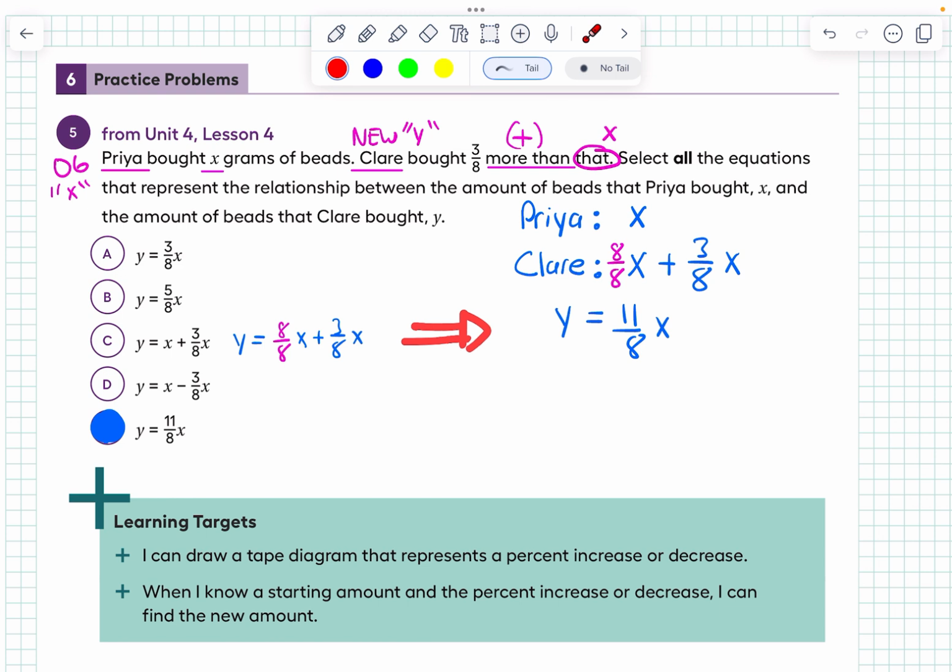That would simplify to Y equals 11/8 X. So C is definitely an answer as well.